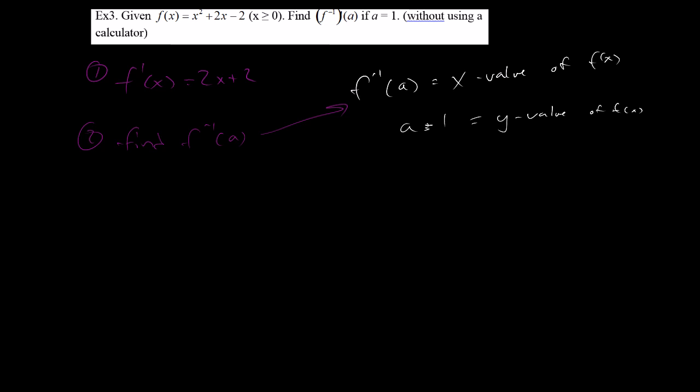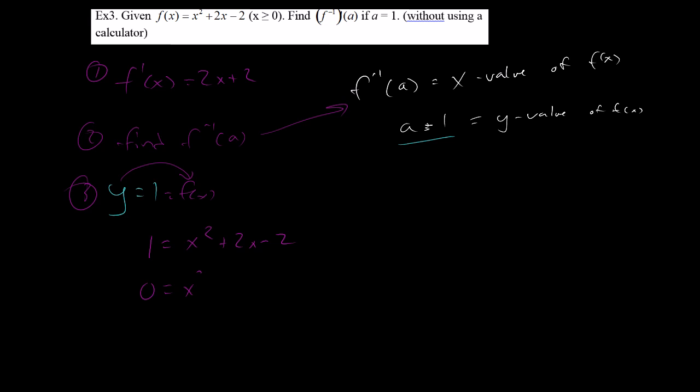What do we know? We know that a is equal to 1. And what is a? A is equal to our y value of our function. So our y value is equal to 1. So if we put that back into our equation, y is equal to 1, which is equal to our f of x. We know, just notationally, y is equal to f of x. So that means 1 is equal to x squared plus 2x minus 2.